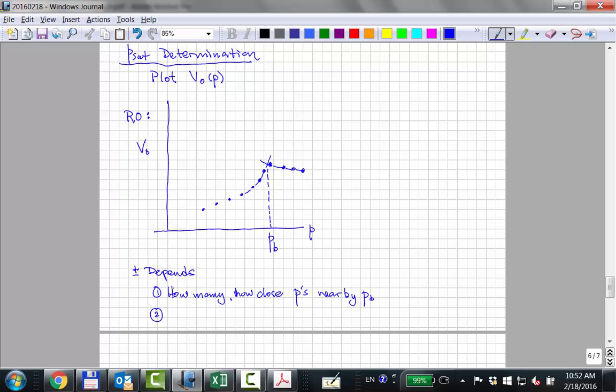And the second thing is to make sure that you bring all points to equilibrium. Because you can have this supersaturation effect, that if you just lower the pressure, maybe the gas doesn't come out of solution. If you shake it, the gas comes out of solution.